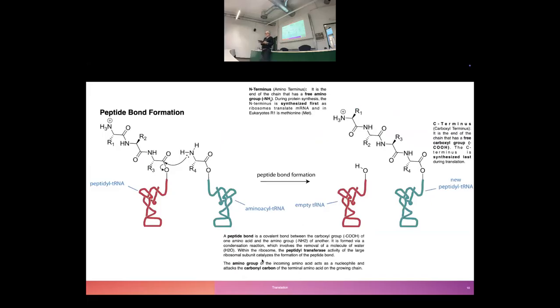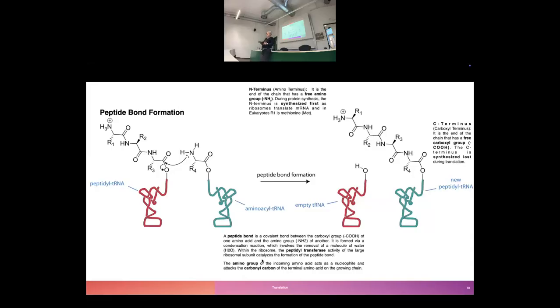When we speak about peptide bond formation, that means it is with respect to the tRNA, which is named the peptidyl tRNA because it is the one that is covalently bound to the chain. And the new one, which is the aminoacyl tRNA, is the one bringing the new amino acid.